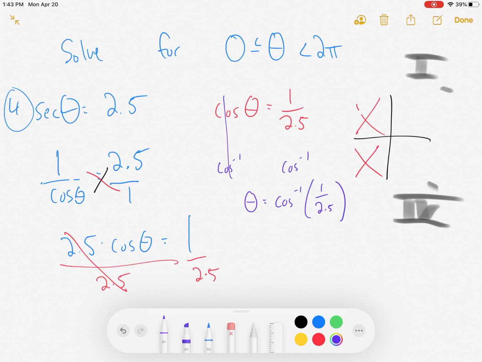To clear everything out, you hit the AC button on the bottom row of your calculator, right in the middle. Make sure you're in radians. Hit the inverse cosine button, then 1, then the divided by button, and then 2.5. When you do that, you get 1.159. I'm going to call it theta equals 1.16.